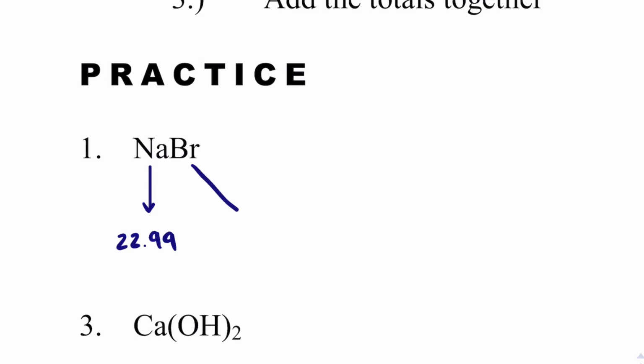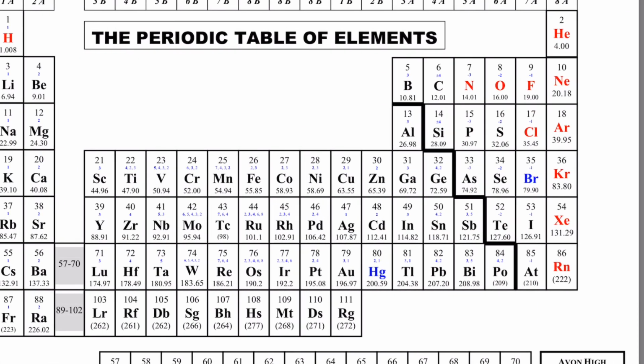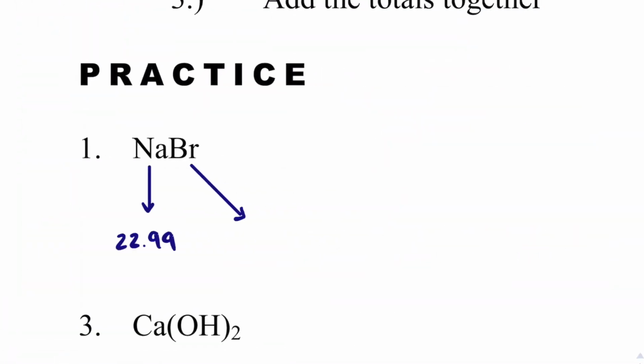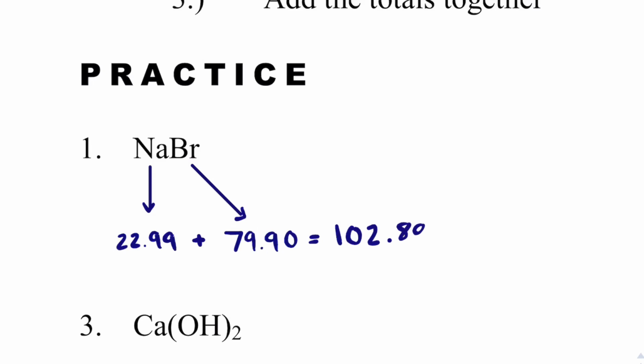And if I find bromine, bromine is 79.90. I will just add those up, and using my calculator, that number is 102.89. And the units of molar mass will be grams per mole.